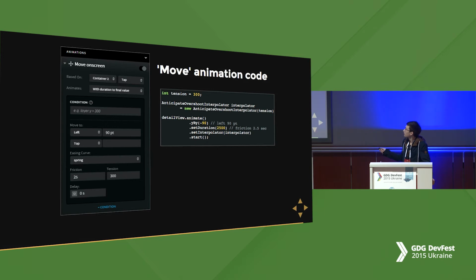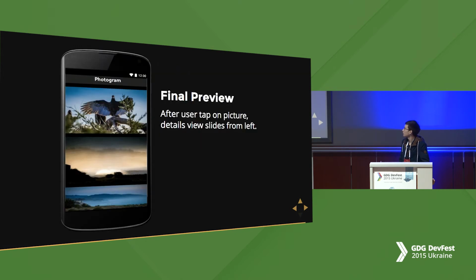We have a time, 2.5 seconds. The interpolator, so that's our easing, and we are moving 90 points to the left. Actually, in a real animation, you would use dips, not pixels. Don't forget about it.